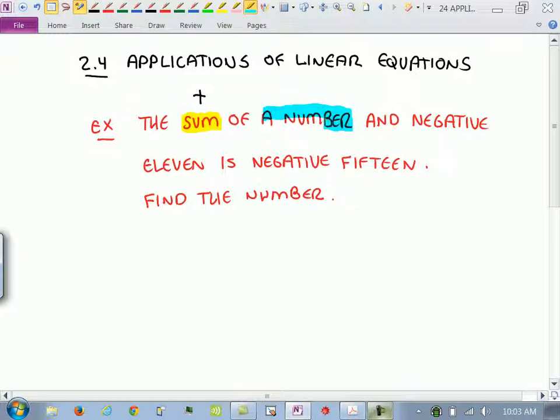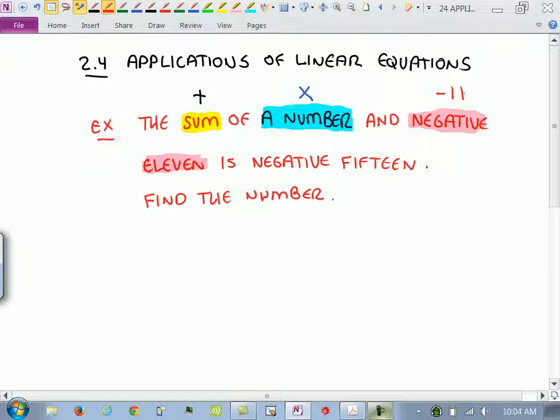Do you know what that number is? No, it's a number. It could be any number. So that is going to be represented by our variable x. Not multiplication, the variable x. The sum of a number and negative 11. Negative 11 is, well, negative 11, isn't it?